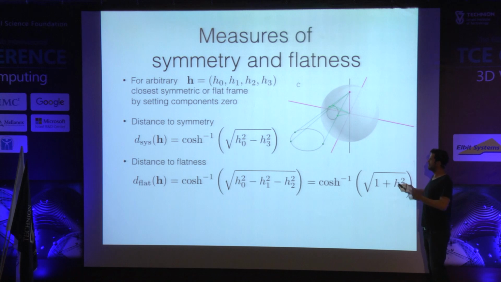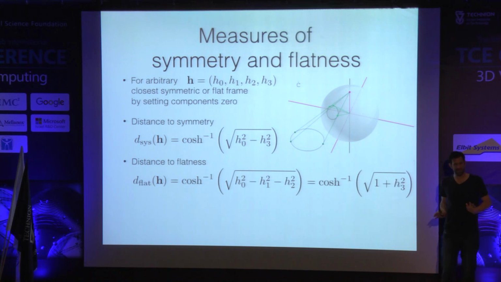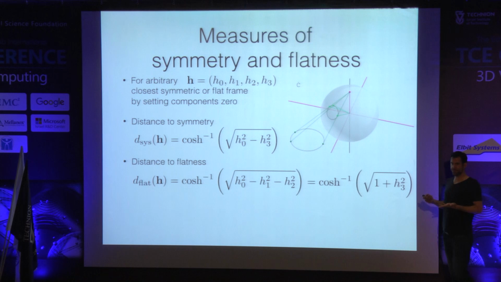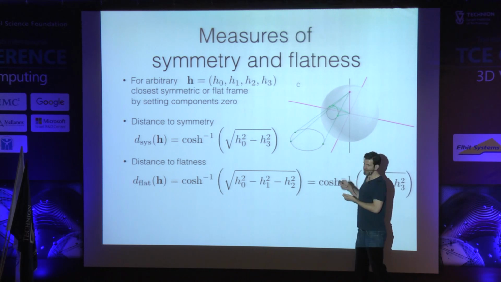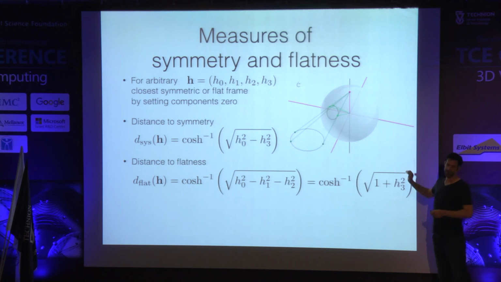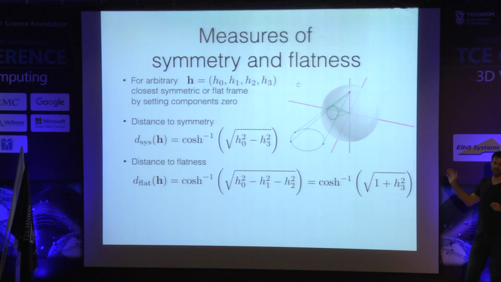Now, one cool thing, this you can skip, and it's maybe a bit technical, but you can project onto the closest flat frame, or you can project onto the closest symmetric frame. It's very simple. If you want to project onto the closest flat frame, you just set H3 to 0. You just remove H3, and then you have a flat frame, and you project back onto the hyperboloid, and you have the closest flat frame.